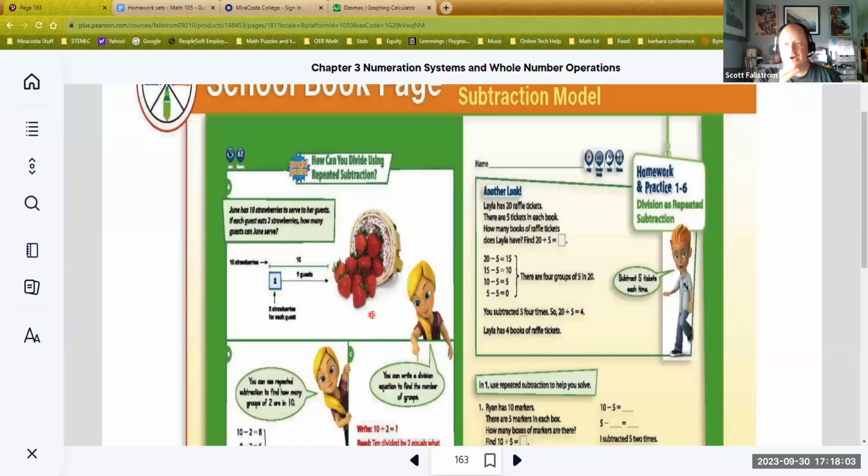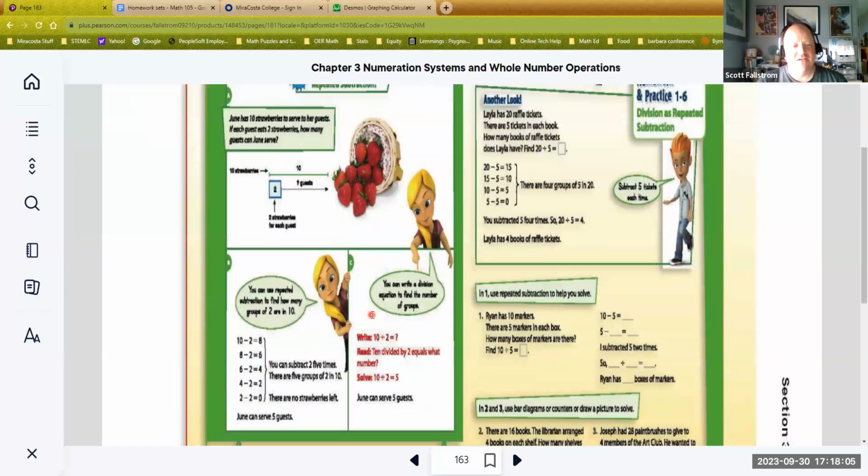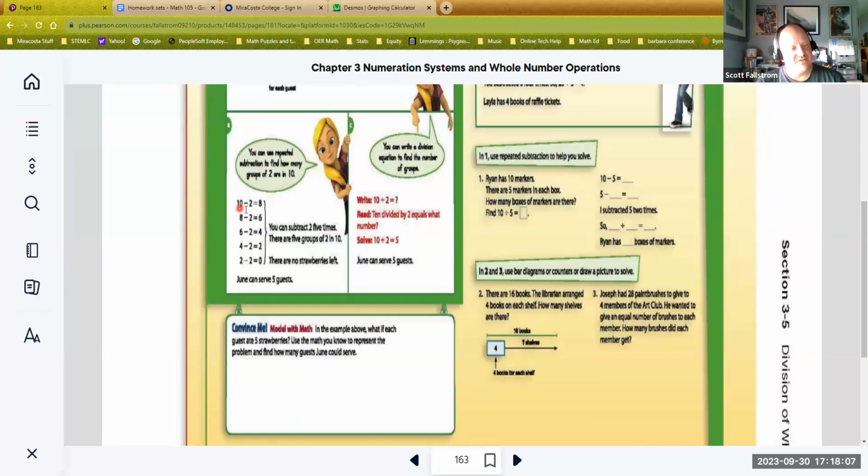And so what we're seeing is a nice pattern here. I started with 10, I give 2 to a guest. I get 8. Now I take 2 more. I get 6. I get 4. I get 2. And finally, I have none left. You could subtract 5 times. And what we're really using is the language of multiplication here. Because if you realize that, you're saying, what I did is I subtracted 5 times.